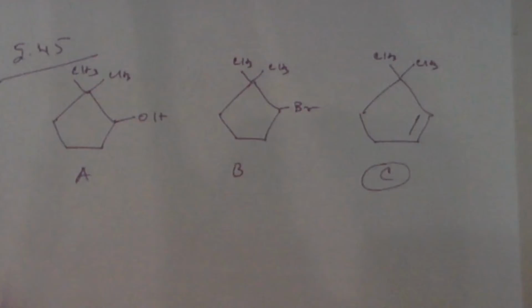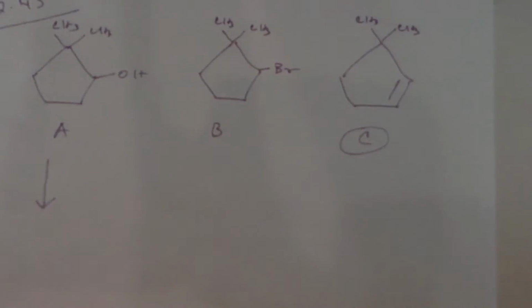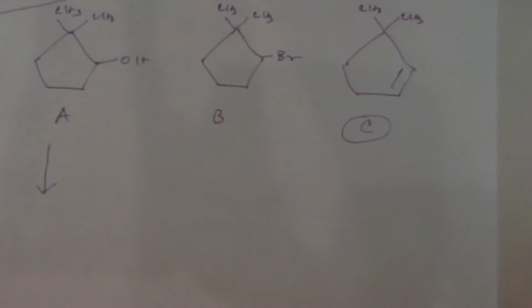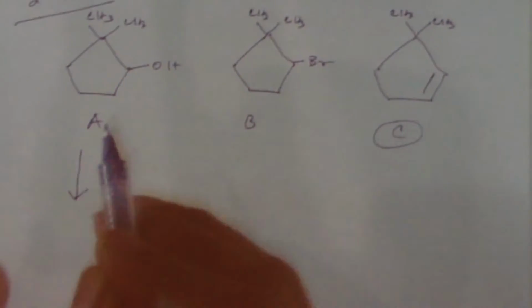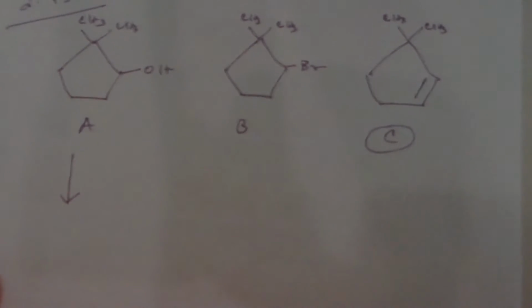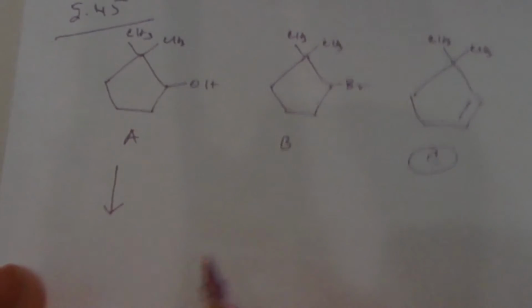Because if you are to do this reaction with A, what we need to do is use a strong acid, so that we protonate the alcohol, generate a carbocation, and then make this product through elimination, right? So it's an E1 process.